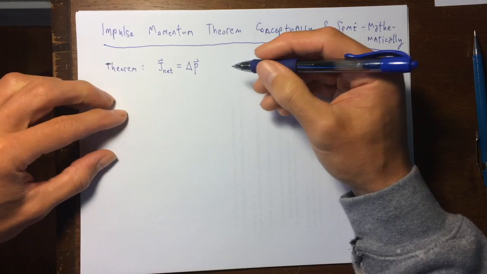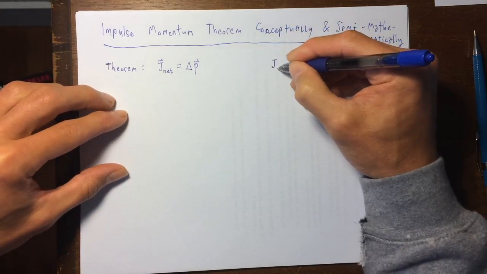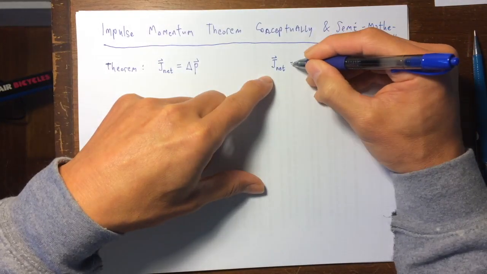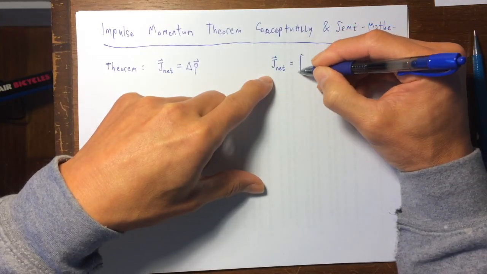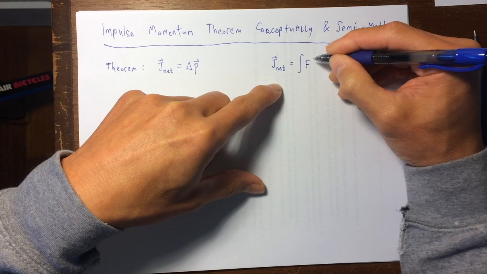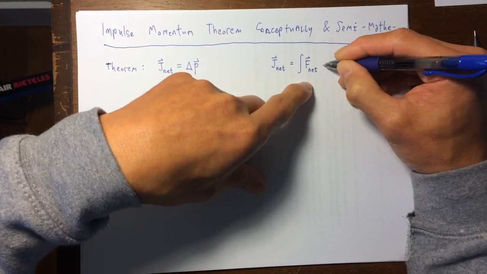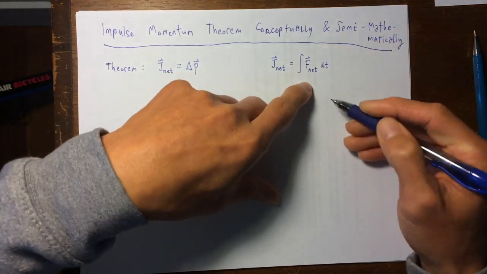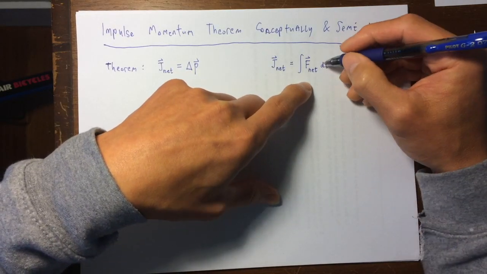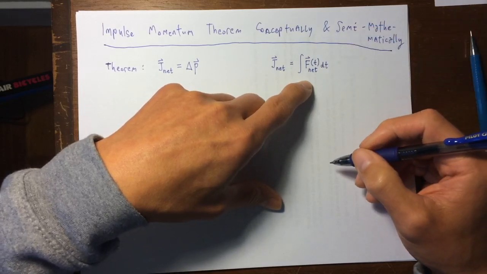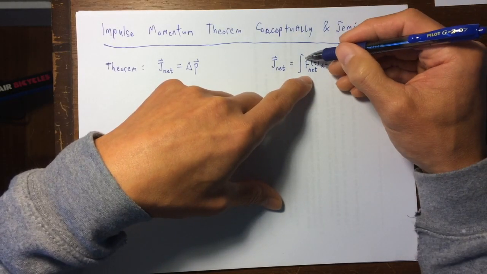On the side, the impulse is a vector, and it's calculated by asking what is the integral of the net force acting through small time increments. And this makes it so you can think about forces that might change in time, including direction.